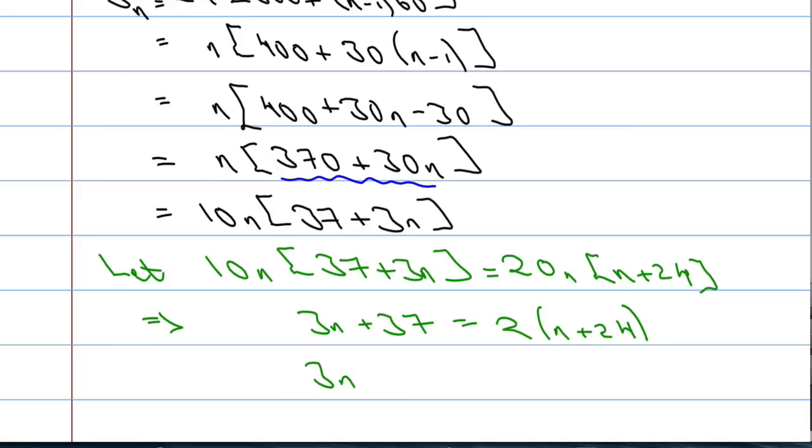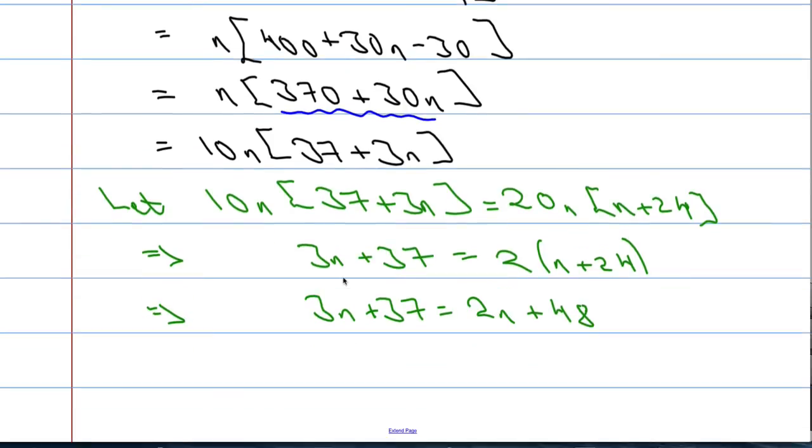So we get 3n plus 37 equals 2n plus 48. Now what we're going to do is take 2n off both sides, and I'm also going to take 37 off both sides. So we get n equals 48 take away 37, which is 11. So after 11 years, both Carol and Ahmed will have the same in their account.